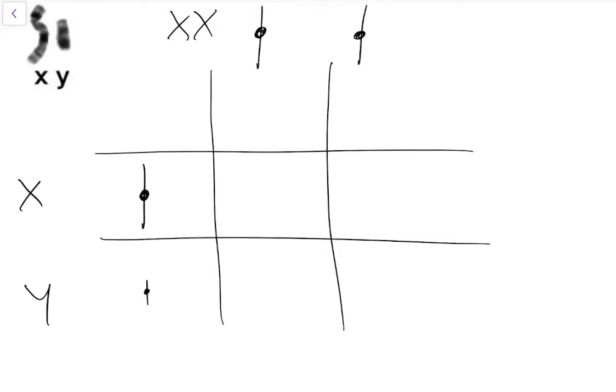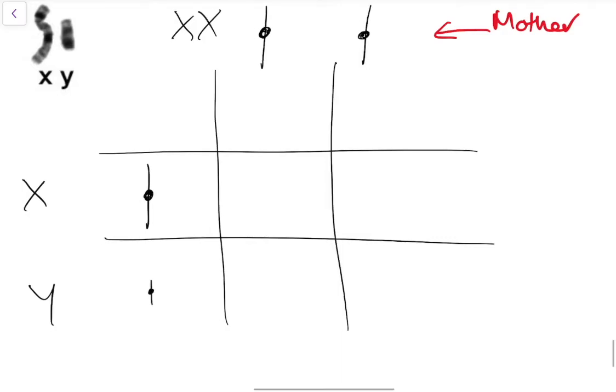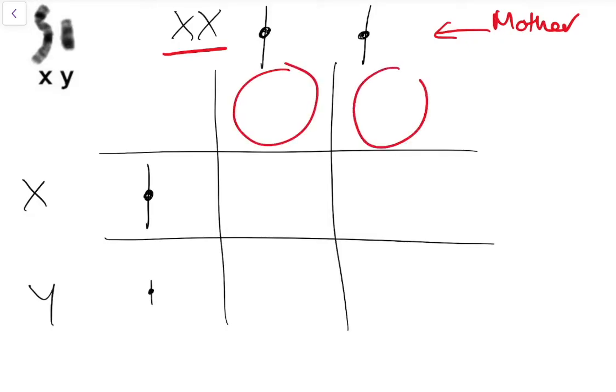In terms of the chances of you being male or female, at the top, we have the mother who can make sex cells, which have half the copies of all chromosomes, that includes one copy of the sex chromosomes. If you're a female, you have two of the long X chromosomes. And that means that if you make an egg cell, the only thing you can put into that egg cell is the long X chromosome.